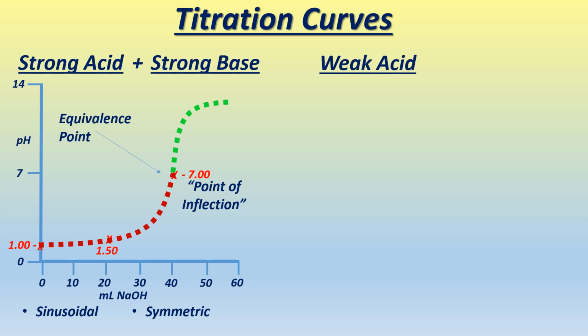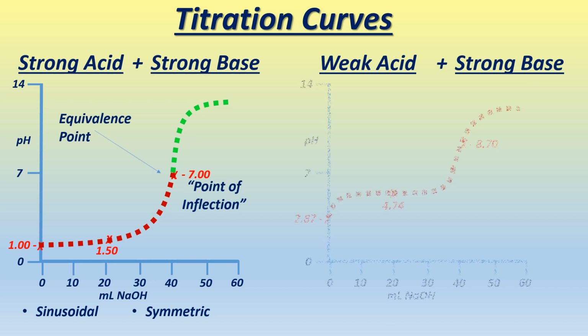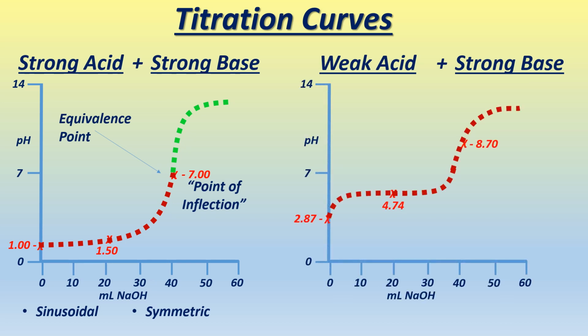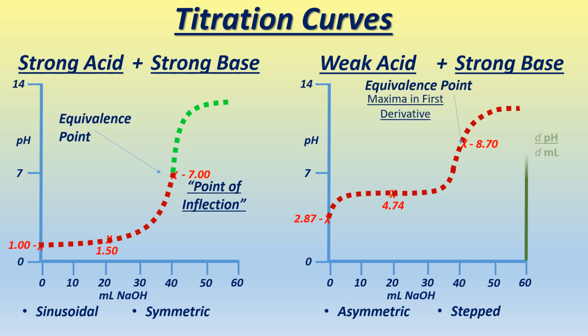If one looks at the titration curve for a weak acid and a strong base, again, reproducing what we saw, one sees a stepped curve. In this case, it's asymmetric. Also, it's very difficult to determine what the equivalence point is. As mentioned, the equivalence point is a point of inflection.